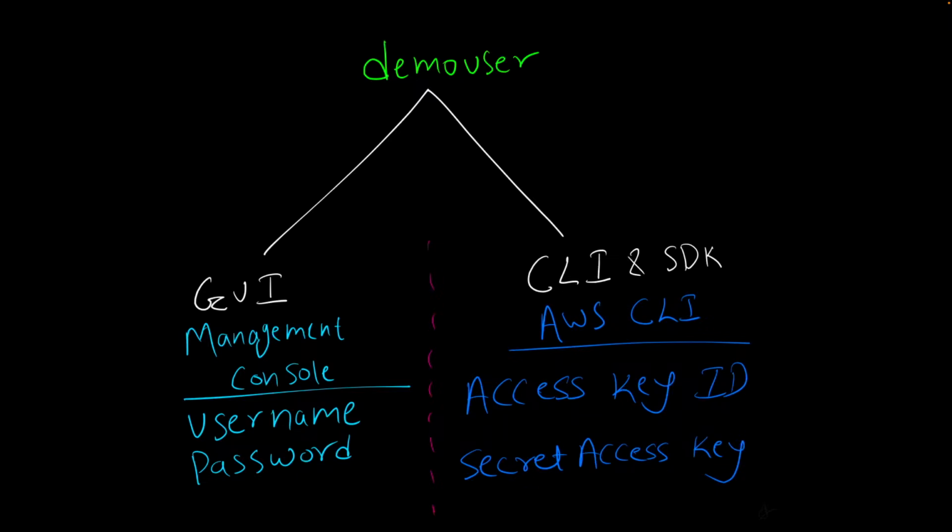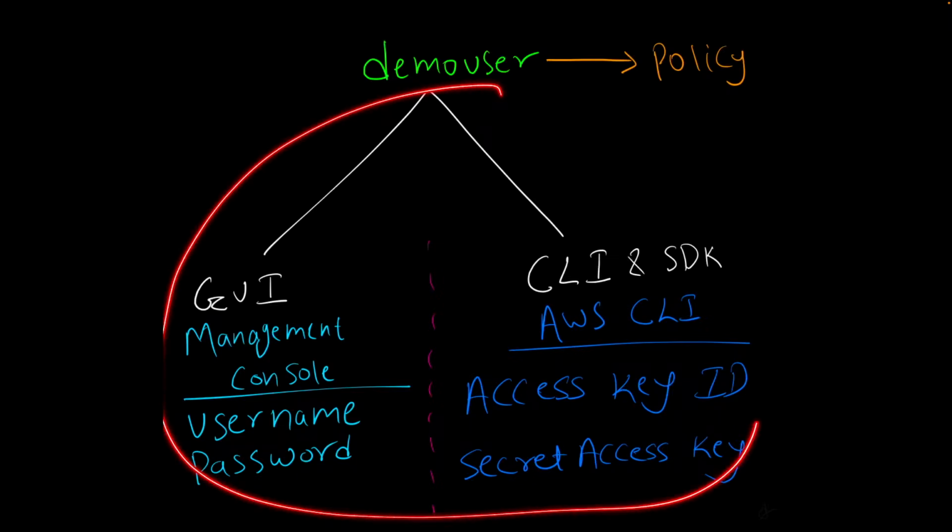And for CLI purposes, for demo user, we are going to use access key ID and secret access key. This is only for authentication. As far as authorization is concerned, what the user can do, now once demo user is authenticated either using username, password, or using access key ID and secret access key, what he can do or cannot do will be controlled via policy. So this part that I've spoken about, this is only for authentication.